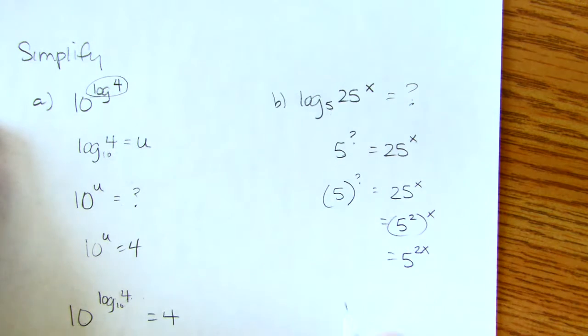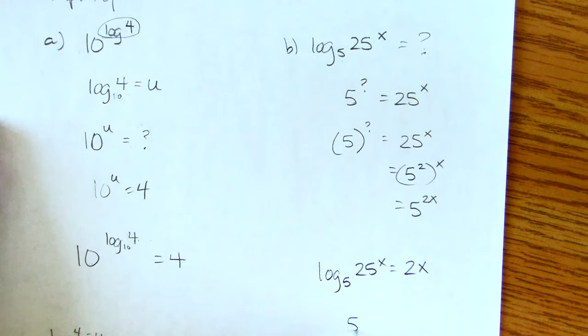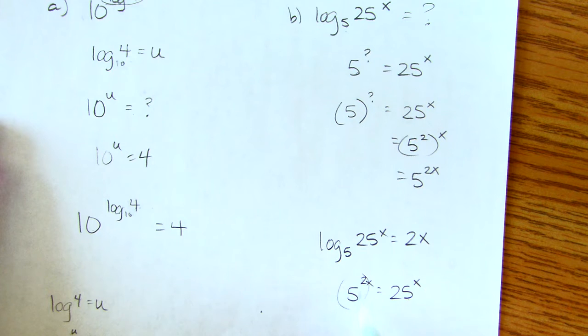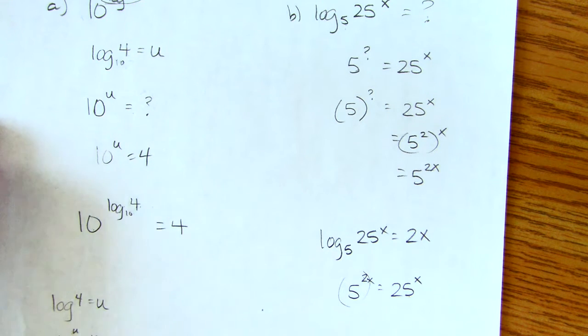So my question mark must be 2x. Log base 5 of 25 to the x is literally 2x, because 5 to the 2x equals 25 to the x. That makes sense. 5 squared is 25. Raise it to the x, 25 to the x.